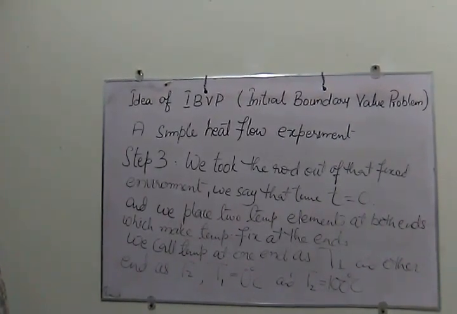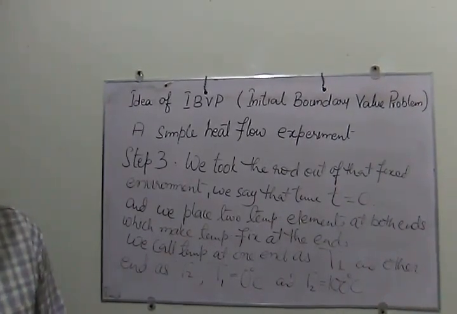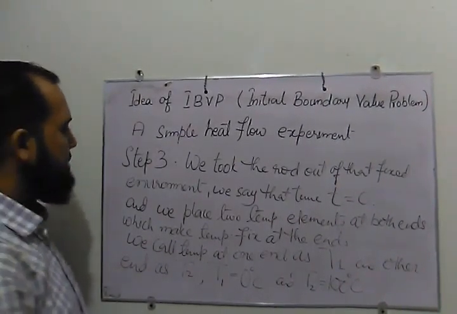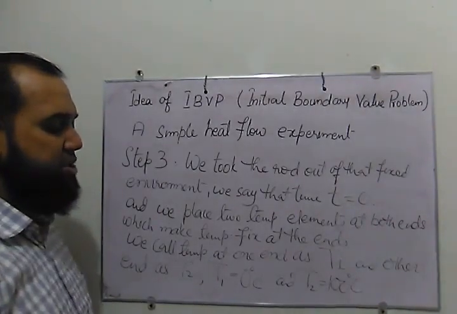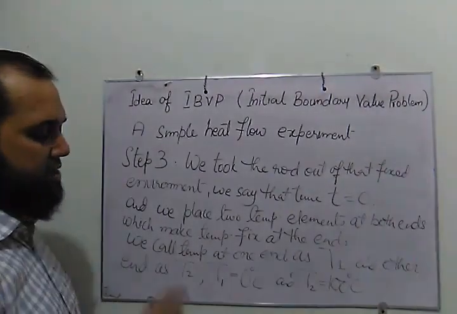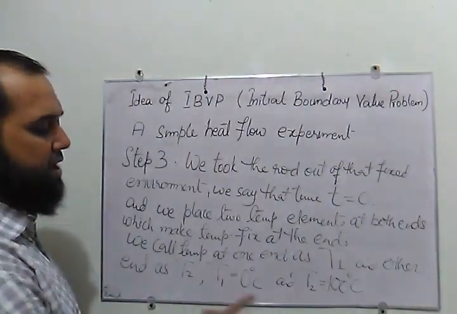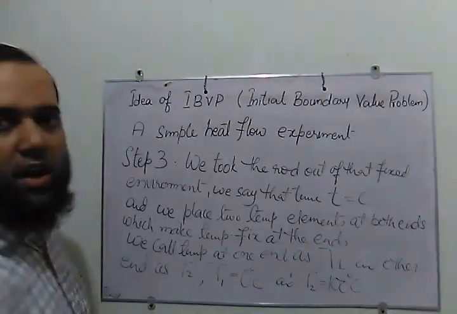If the temperature differs from the prescribed value, we have a strong heating or cooling element which adjusts the temperature accordingly. So the temperature cannot be changed. It will always be 0 degrees centigrade at one end and always 100 degrees centigrade at the other end.